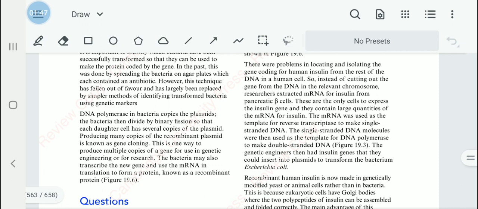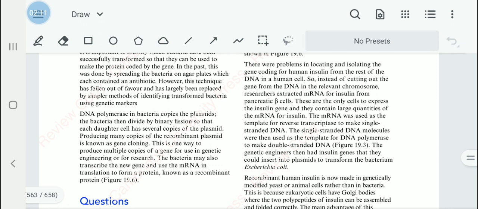Then the mRNA would be used as the template for reverse transcriptase to make a single-stranded DNA. That would be used as a template for DNA polymerase to make the double-stranded DNA, which is going to be the gene for producing human insulin.